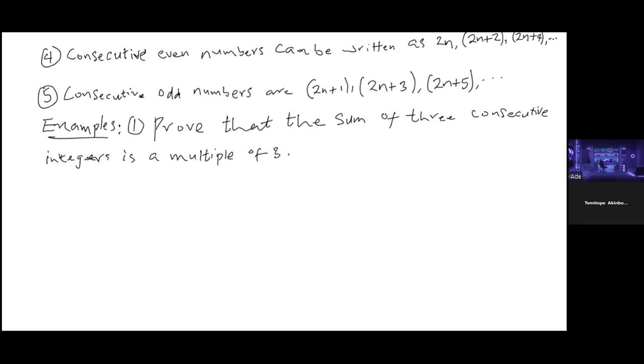Prove that the sum of 3 consecutive integers is a multiple of 3.